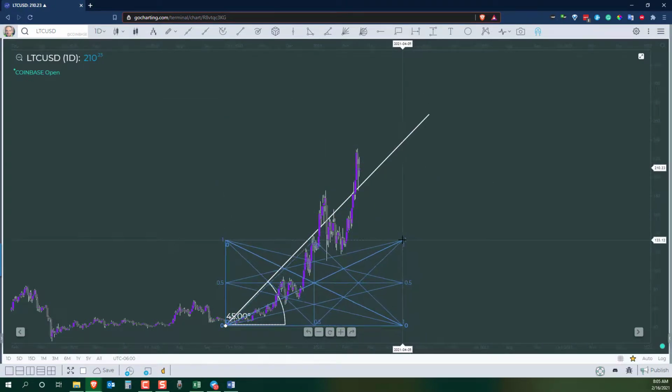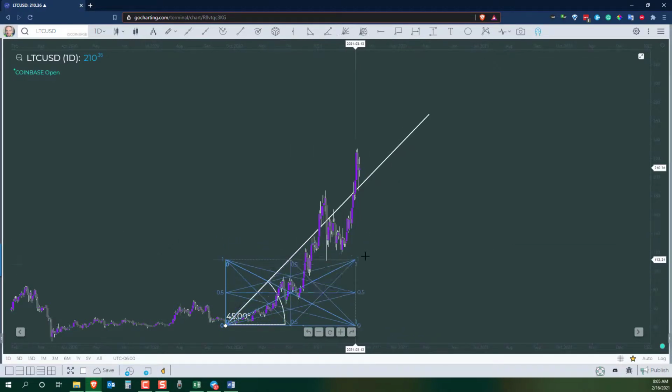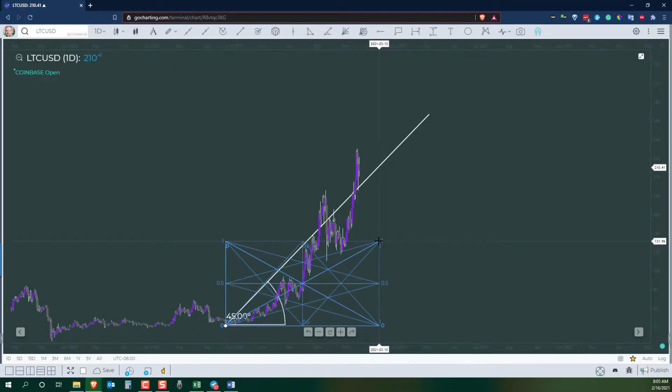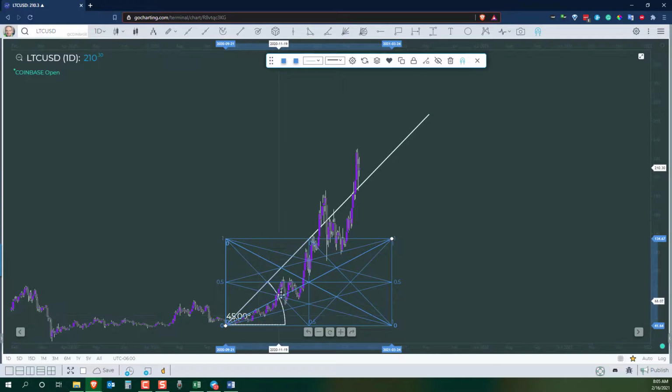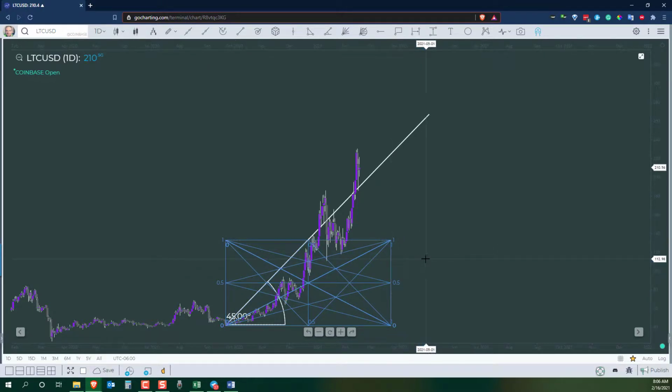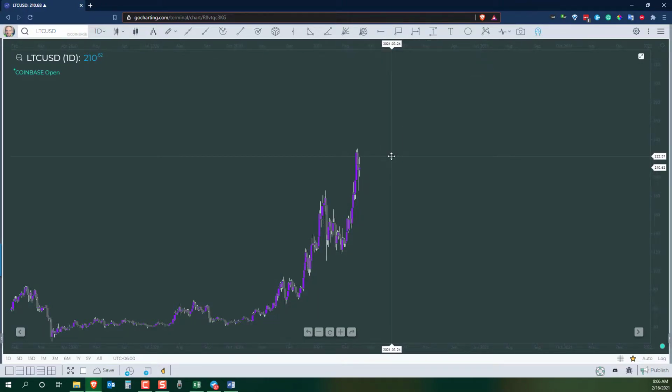Also, if you want to go smaller and use this first angle right here, that's going from the 0 to the 0.5, the halfway mark. You'll see how it nicely fits inside here, comes down. I'd like to see that touch right there, but we got a gap. That's a little lower than I'd like. So that's just a tool to help you find where things are square. When things are square, things align. And that's what you're looking for, these alignments.